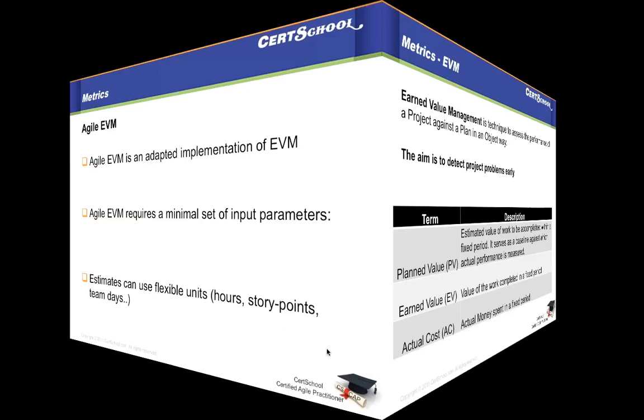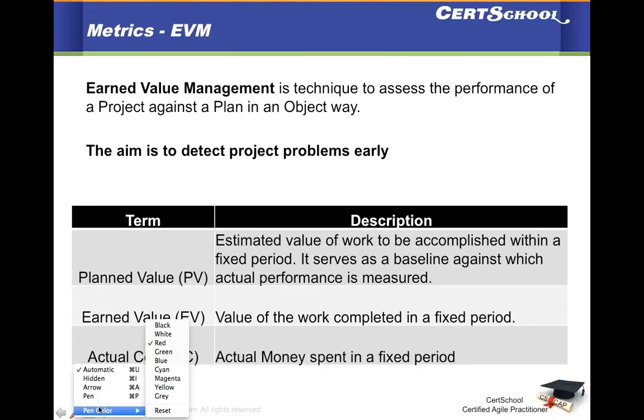By definition, earned value management is a technique to assess the performance of a project against a plan in an objective way. This is the definition. And why do we want to do that? You as Scrum masters, Agile coaches, and leaders want to detect problems in the project early on.